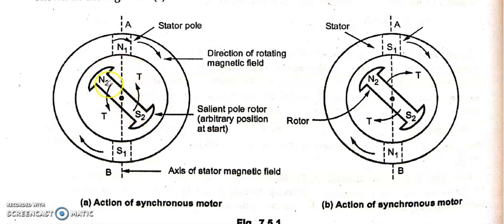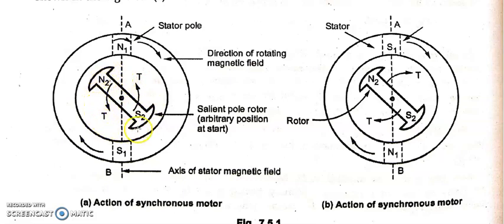Means the stator direction is clockwise, so the rotor will also try to follow in the same direction, that is clockwise. But due to like poles, N1 and N2 as well as S1 and S2, they start to repel each other. So the rotor tries to rotate in the anti-clockwise direction instead of the clockwise direction.